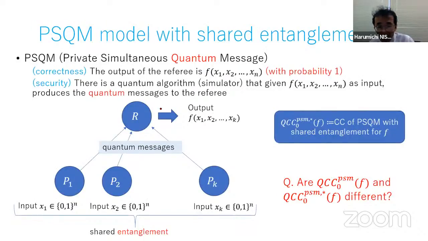Now I explain the second result: the PSM model with shared entanglement. In this case, the k parties have shared entanglement. Another question is whether the shared entanglement case and the shared randomness case are different or not. This is our second question.